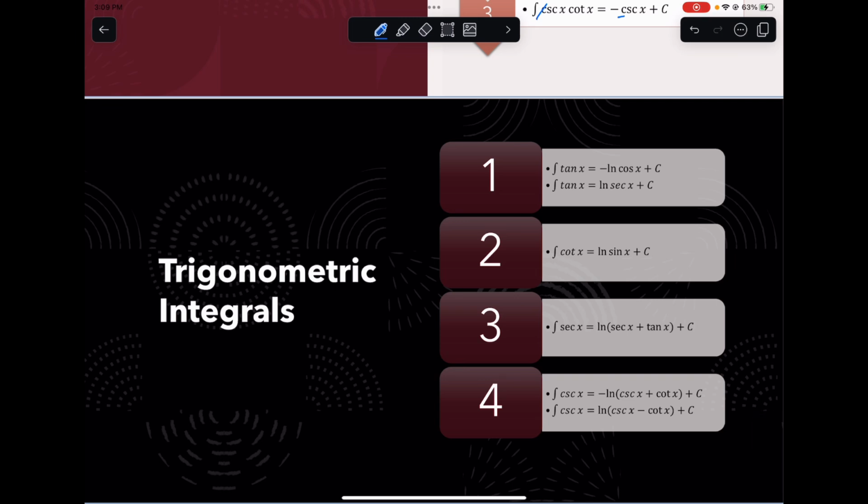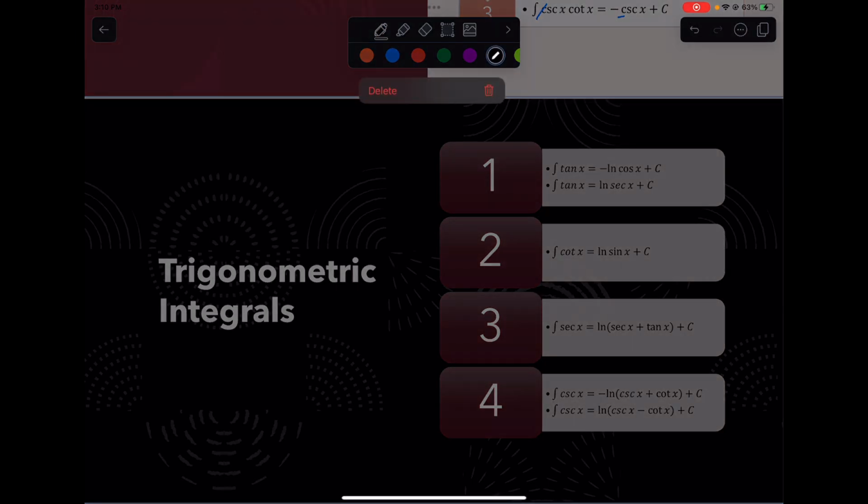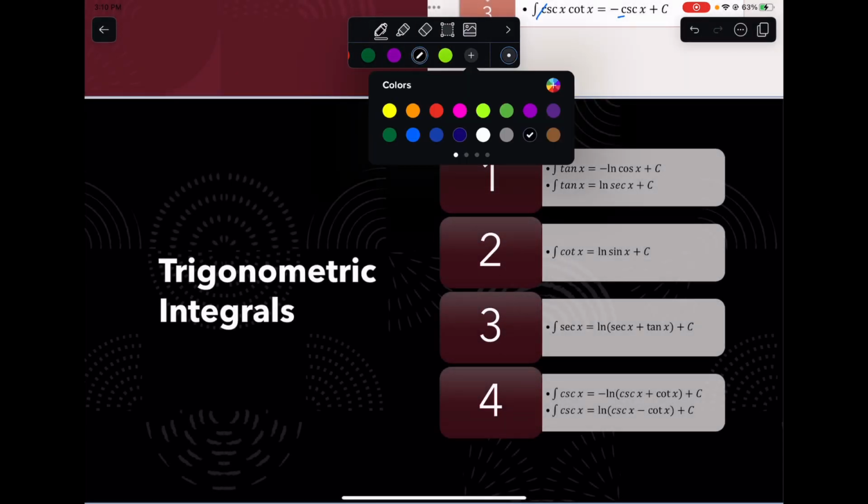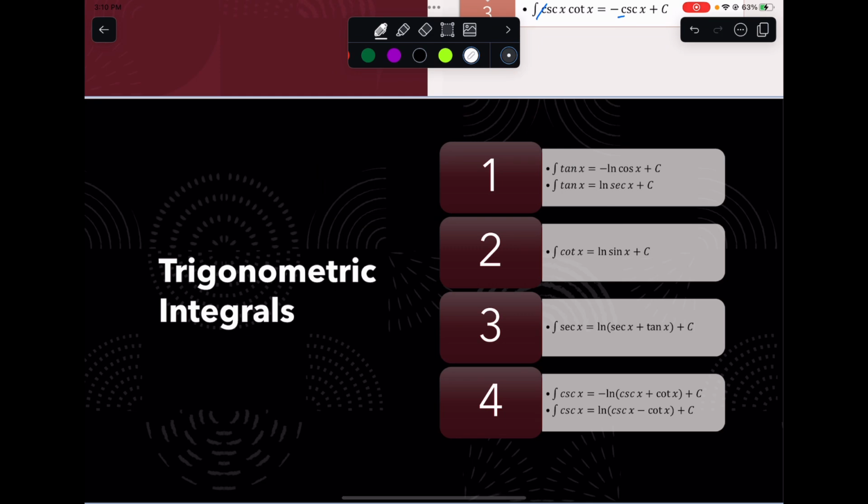Okay, so the integral of tangent x is actually taken using the natural logarithm. Remember, let's say we have tangent x dx. Using the trigo identity, this is the same as sine x over cosine x dx.